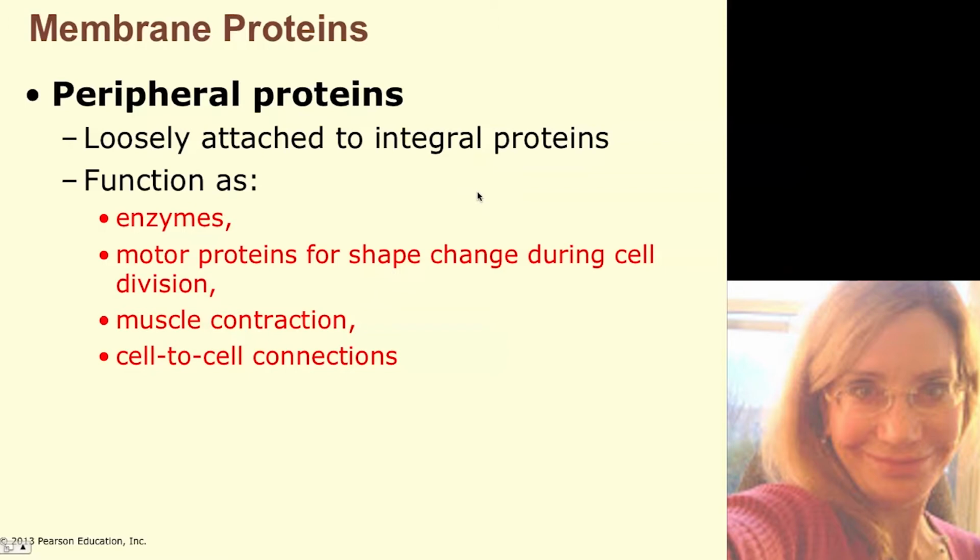Peripheral proteins are loosely attached to these integral proteins. Some of the functions of these types of proteins would be some function as enzymes. Others are motor proteins for shape change during cell division. Others, and particularly in muscle cells, perform muscle contraction. Others will form cell-to-cell connections.